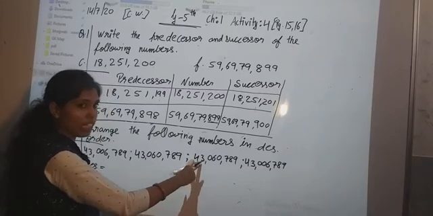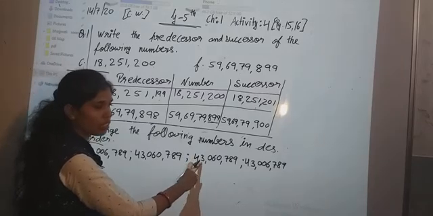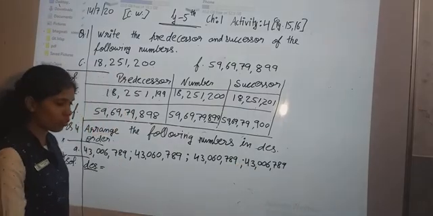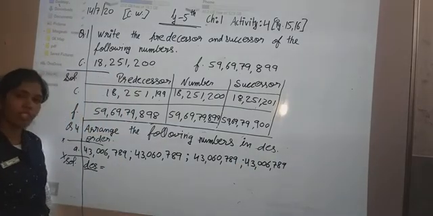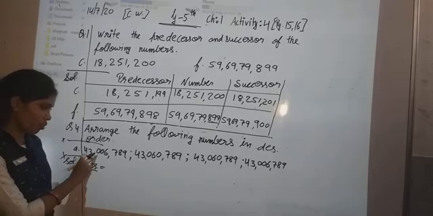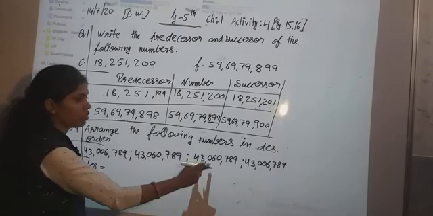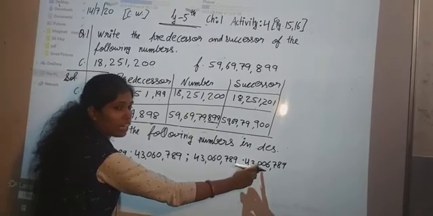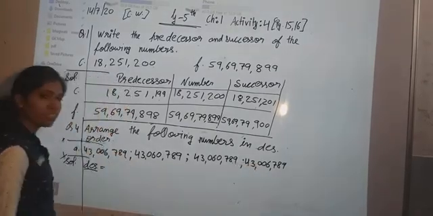This one is the million place, and again we have 3. We can't compare because all the numbers are equal. We have 0, 0, 0 and 0 in the 100,000 place. We can't compare.